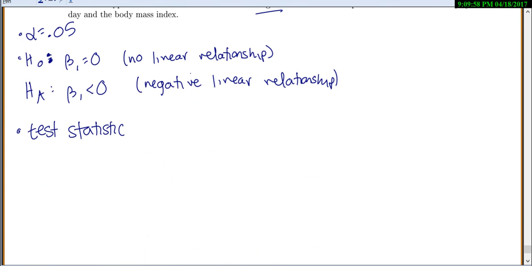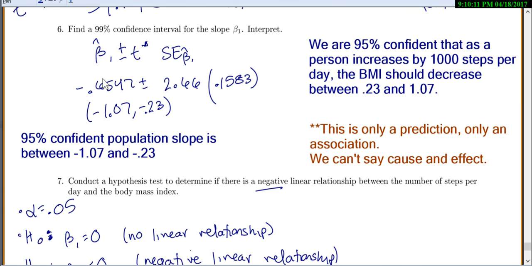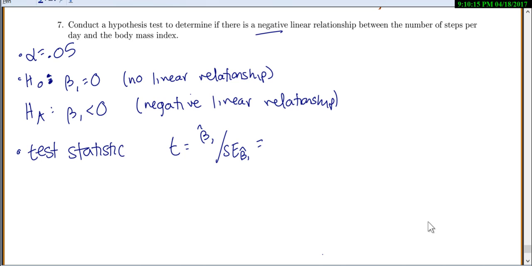So if we're doing it by hand, t is equal to our sample slope over the standard error for our slope. We already looked at these up above. Our slope is 0.6547, standard error 0.1583. So negative 0.6547 over 0.1583 equals negative 4.135.